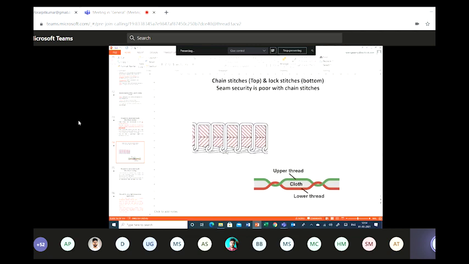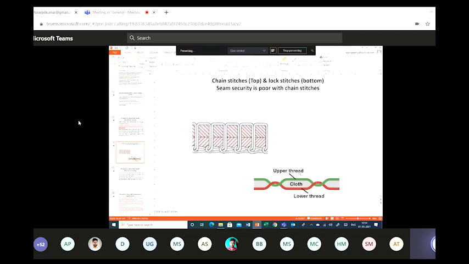The moment there is a cut, if the thread to thread friction is very low and thread to fabric friction is very low, the stitch easily comes out. Whereas in the case of lock stitches, generally the seam security is higher, because even if there is a cut, you can't simply pull it out, because there is a total entanglement at every intersection.